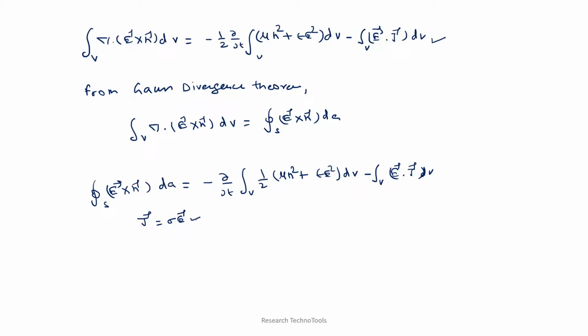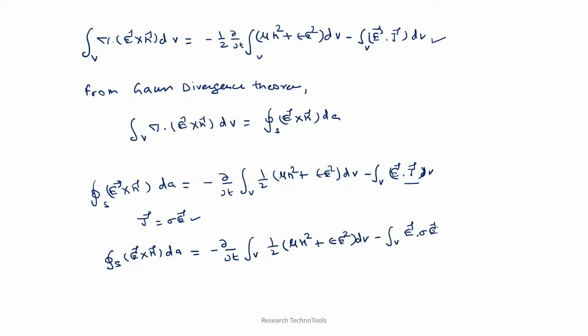So we can place this value in the equation here, and you will get the relation: surface integral of E vector cross H vector dA equals minus volume integral of 1 by 2 mu H square plus epsilon E square dv, minus volume integral of E vector dot sigma E vector dv.